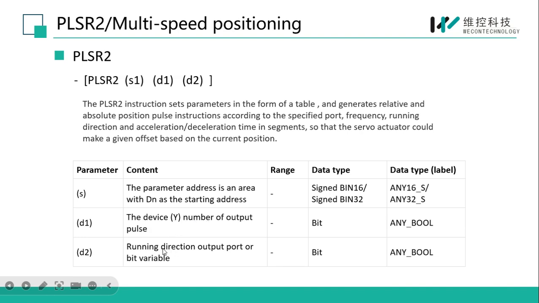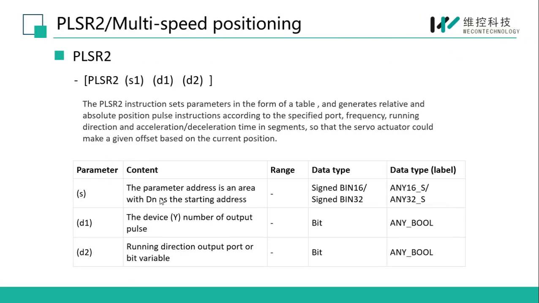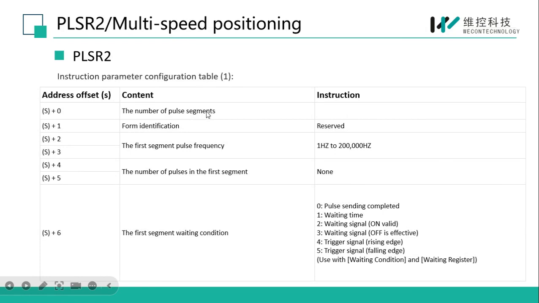And the third is the direction output port. As you can see in this instruction parameter configuration table, if I set parameter 1 as D0, then D0 is the number of path segments. For example, if we need 4 output frequencies in a row, we can set it as 4.